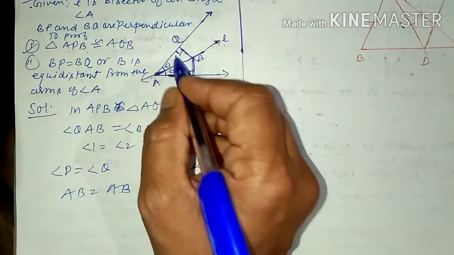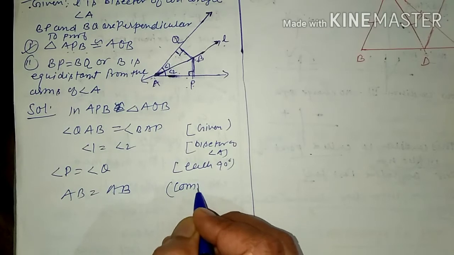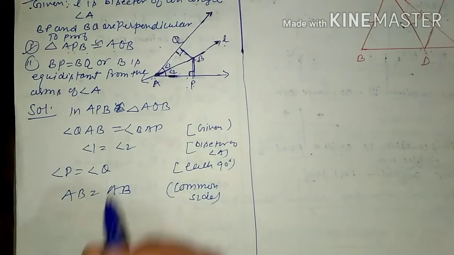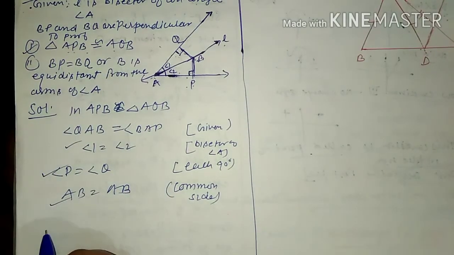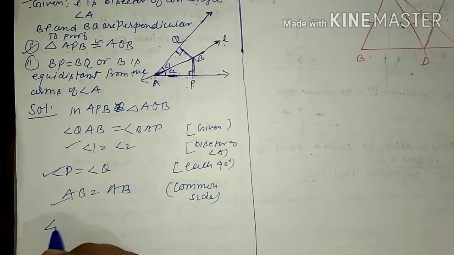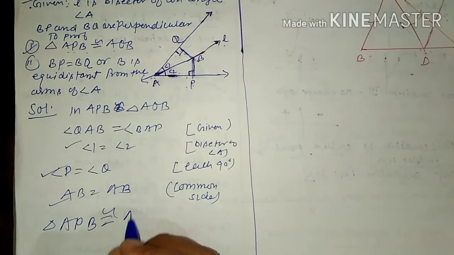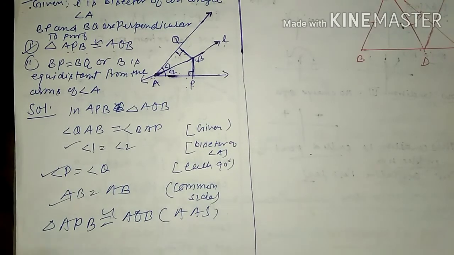AB is a common side of both triangles. So we can say common side. Okay, so what we have? Angle and side. So we can say triangle APB is congruent to triangle AQB by angle side.